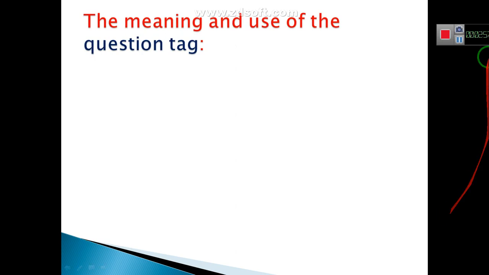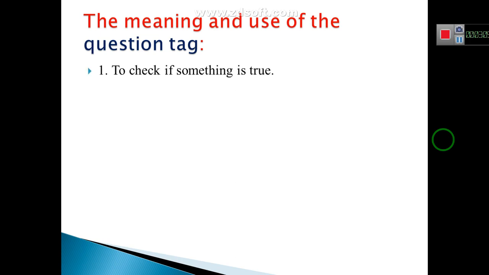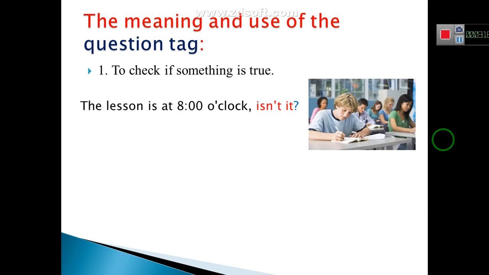The second slide, we are going to talk about the meaning and use of the question tag. Now there are two main meanings. The first one is to check if something is true. For example, the lesson is at 8 o'clock, isn't it?